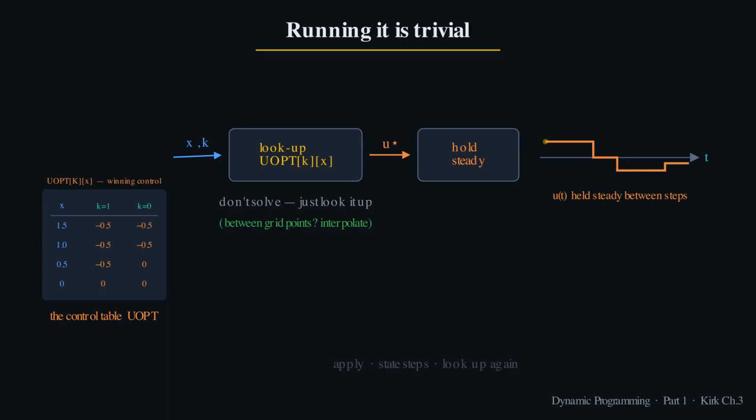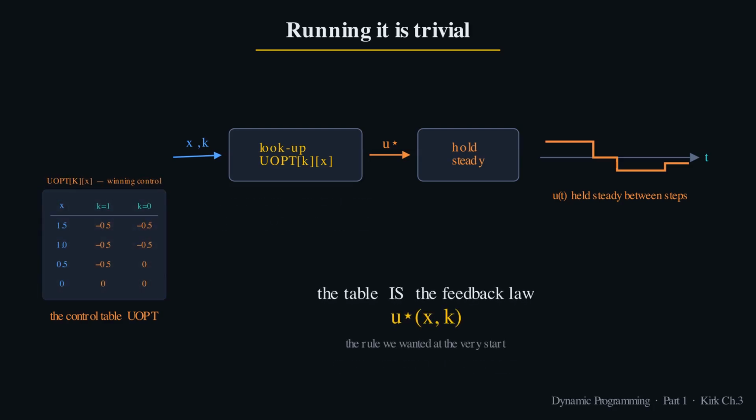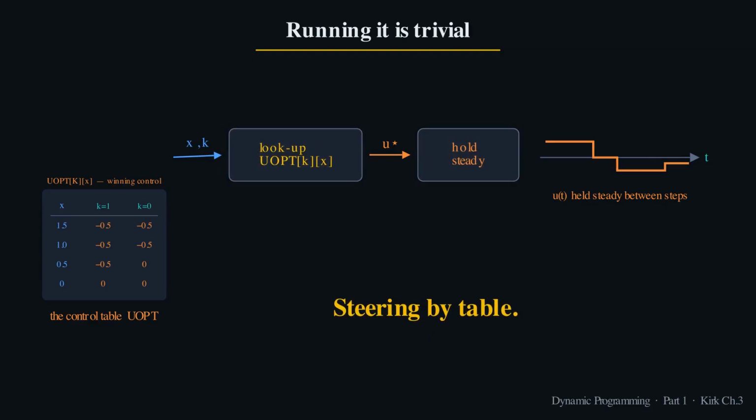Each control is held steady until the next step. So the finished optimal controller is just two simple pieces, a lookup table and a device that holds each control constant between steps. That table is the feedback law we wanted at the very start, the best move for every state. Steering by table.